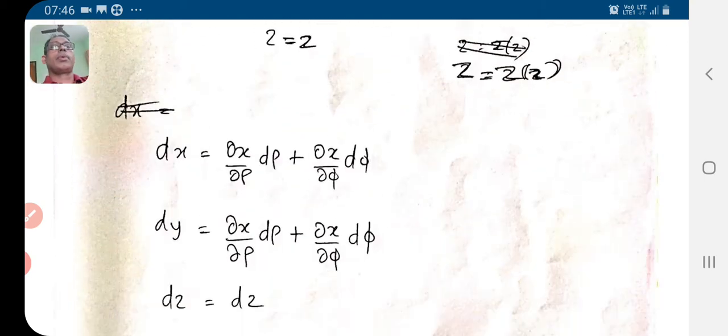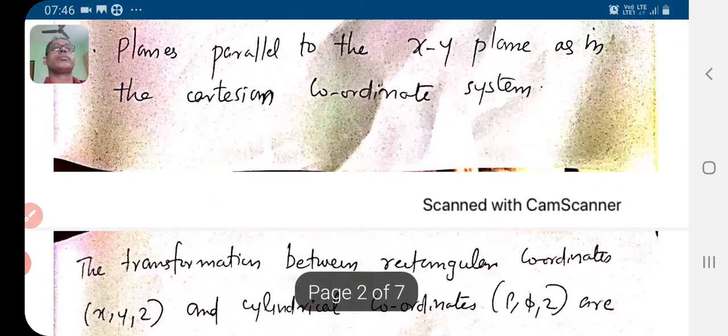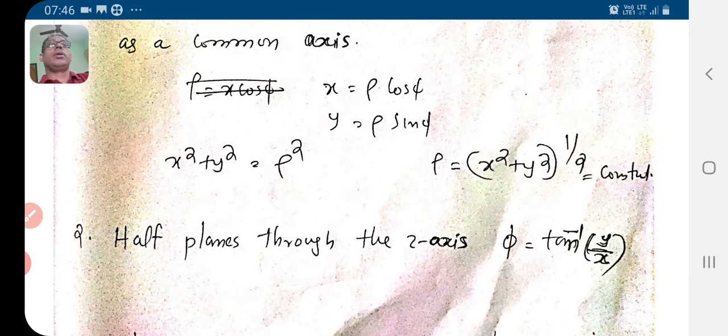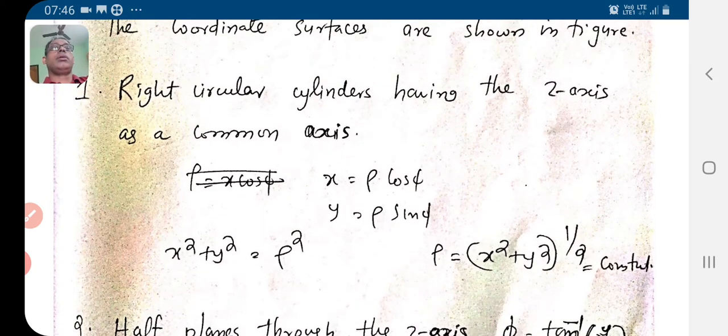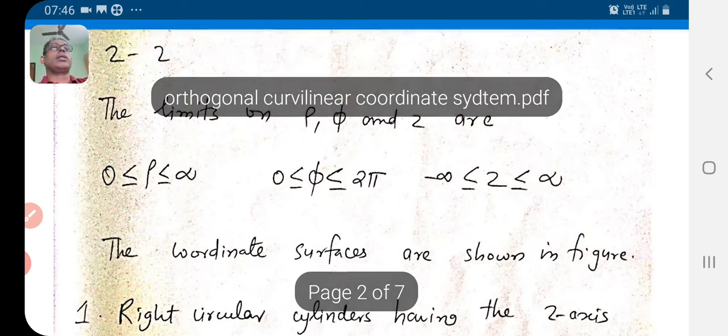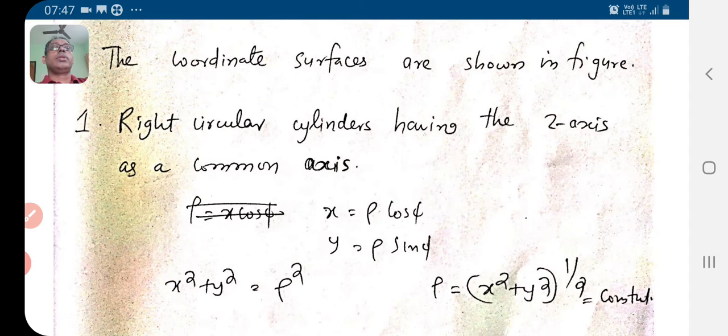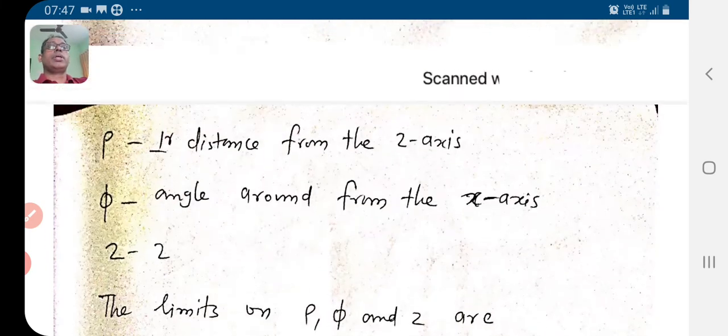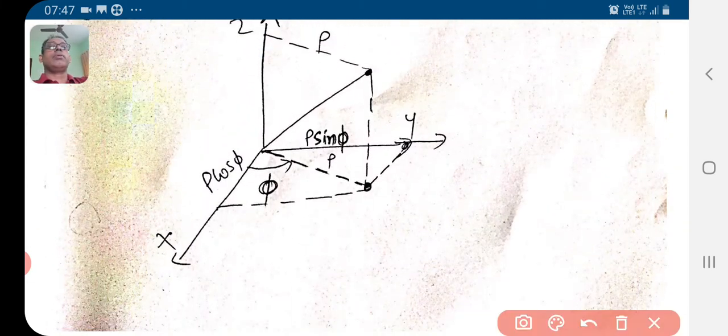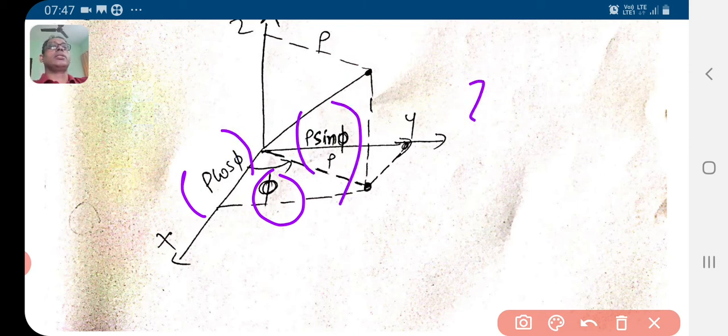So this is how rho, phi and z are varying. Then the transformation relations, how x, y, z are connected to rho, phi, z. We can clearly see that since this angle is phi, x is rho cos phi, y is rho sin phi, and z is z itself.